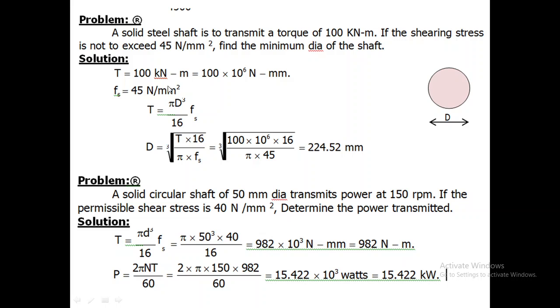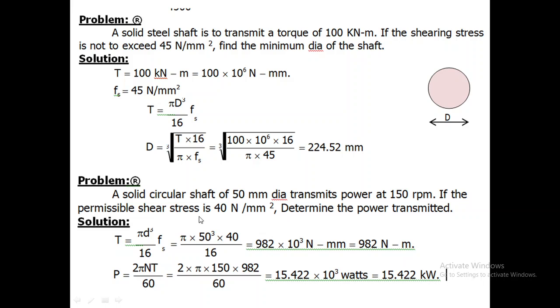So you should be careful with the units, and all the units should be uniform. For example, if you take millimeters, it should be in millimeters in all the formulas. If you take Newton, it should be Newton in all the formulas. Kilo you have to take as 10 power of 3. While calculating, you should be careful to take all these numbers correctly.